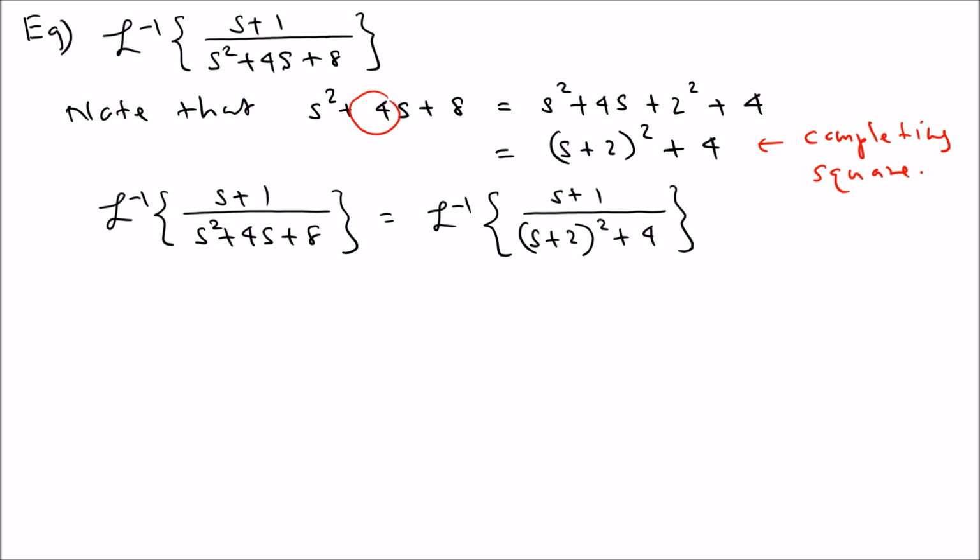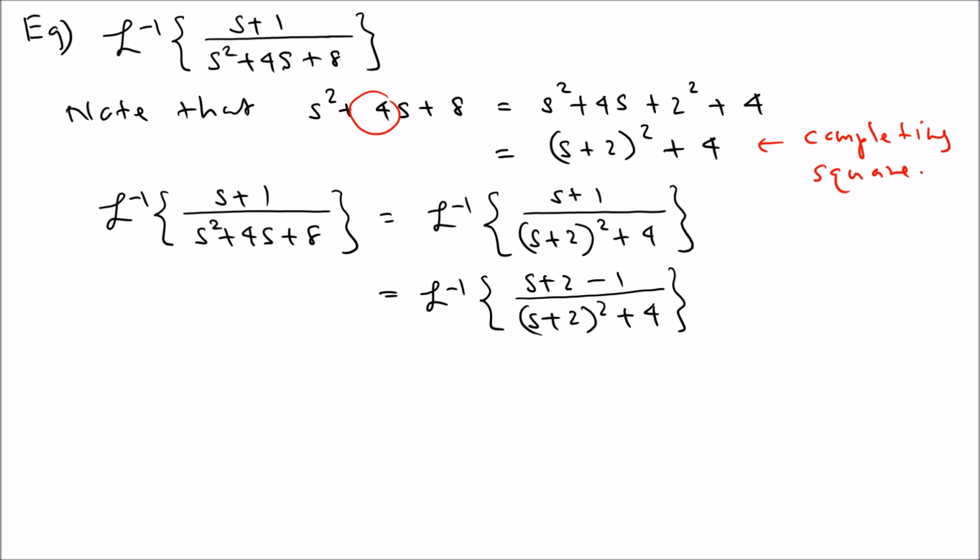You can see that we have this s plus 2 squared term, so this is close to sine or cosine. But on the top, you also need to have an s plus 2 term. So we're going to write this as s plus 2 and minus 1, add 1, subtract 1, over s plus 2 squared plus 2 squared, since 4 means 2 squared.